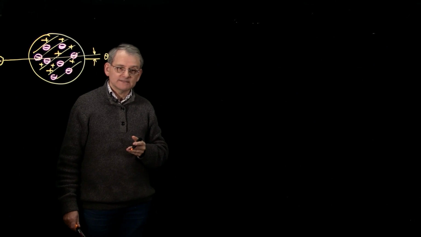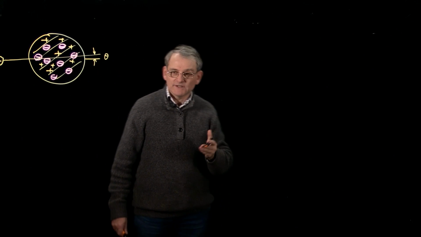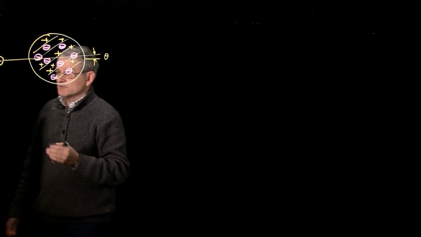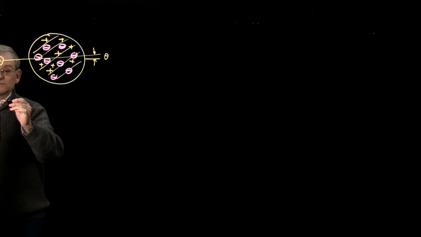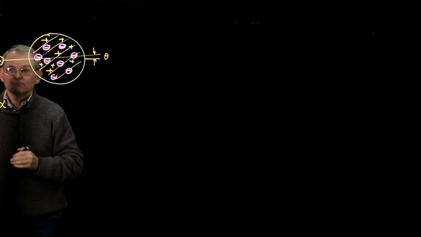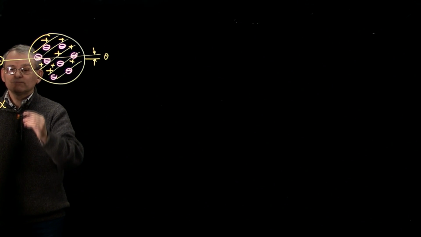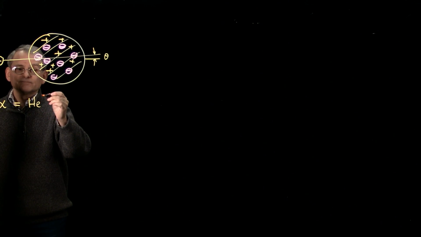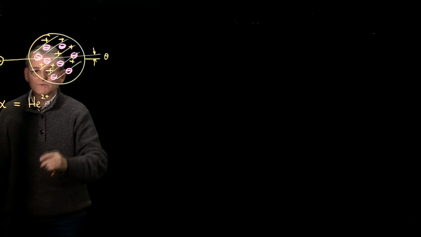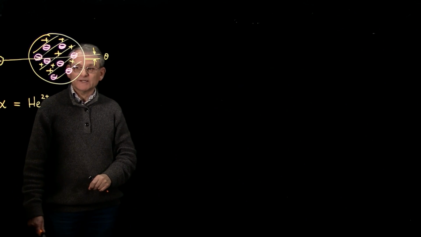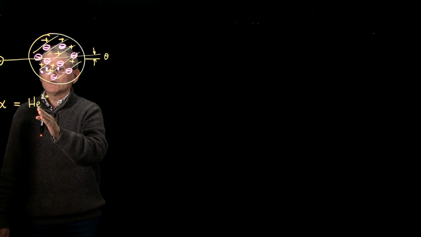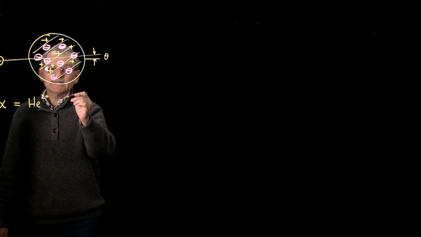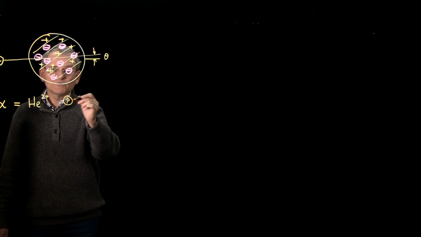So let's test this. The way Rutherford tested it was he used a positively charged projectile. In fact, he used the alpha particle, and the alpha particle is a helium nucleus. In other words, if you take a helium atom and remove the two electrons, you're left with the nucleus of a helium atom, and that comprises two protons, which are positively charged, and two neutrons, which are neutral.